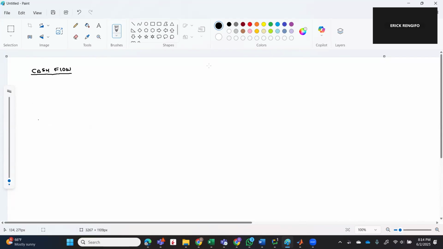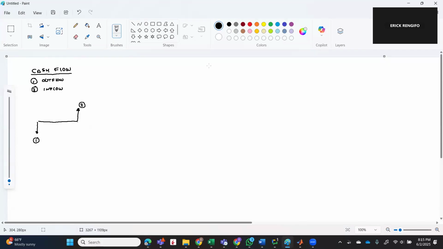I will draw one. Okay, so this is a cash flow. It has an outflow. So there is money exiting your bank account or exiting your pocket. There is an inflow. There is money coming in the future for you.